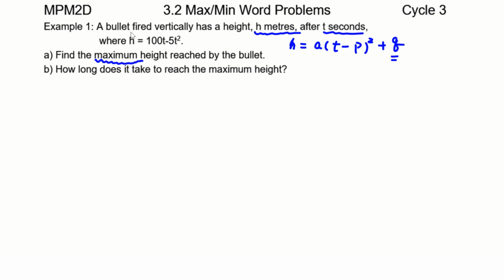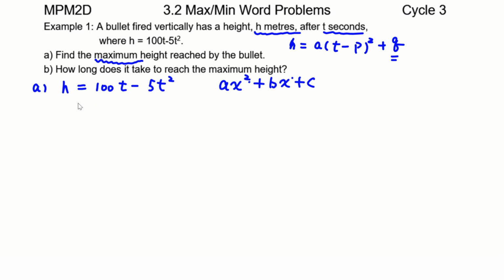So from this question, we start with the standard form h equals 100t minus 5t squared. The standard form needs to be ax squared plus bx plus c, so the degree needs to go from 2, 1, and 0.